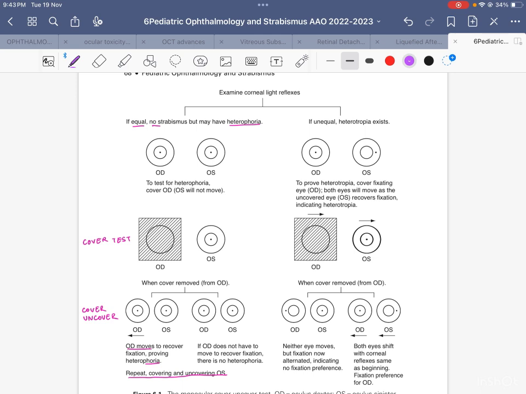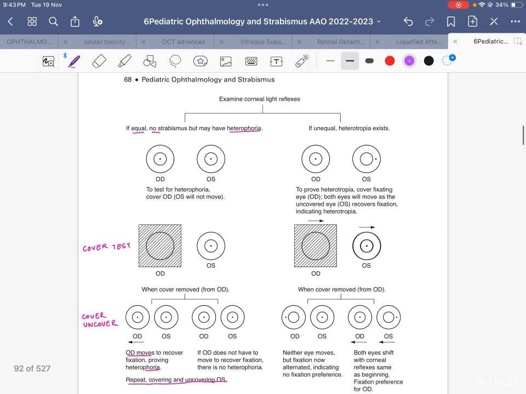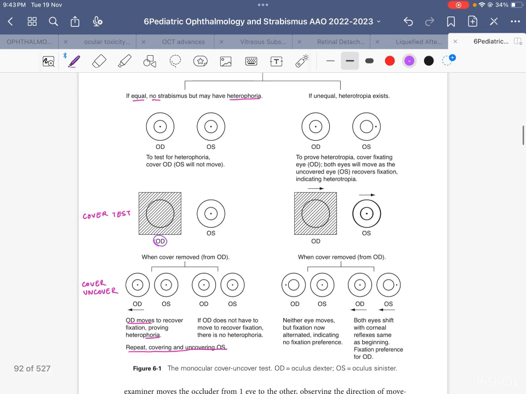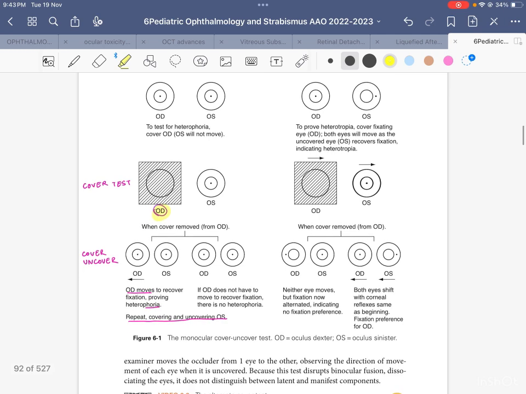Now, to bring out the heterophoria, we will cover one of the eyes. This brings us to the cover test. So here we choose to cover the right eye. When we cover the right eye, we see that the left eye shows no movement.